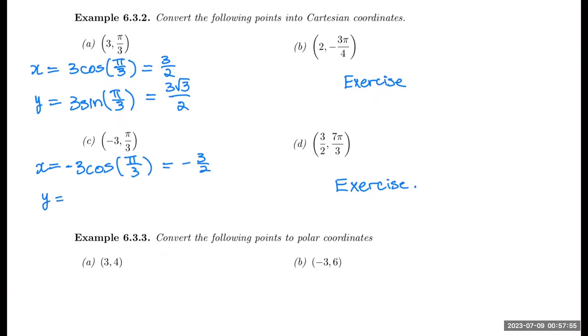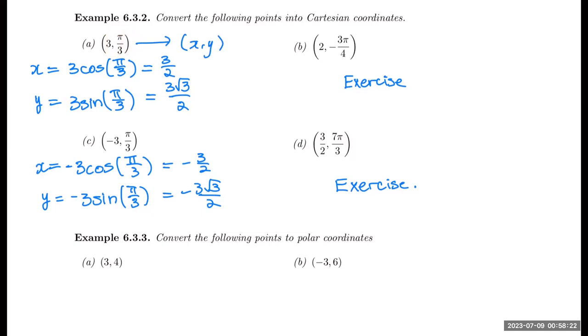And the y value, same thing, negative 3 sine pi over 3, which is negative 3 root 3 divided by 2. And that is how you convert to Cartesian coordinates. We were going from r, theta, and transforming it to an x, y coordinate pair.